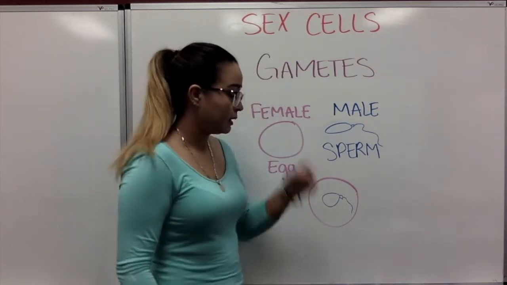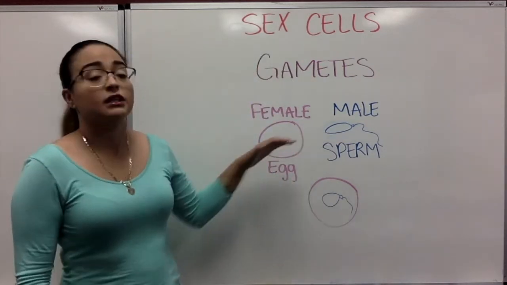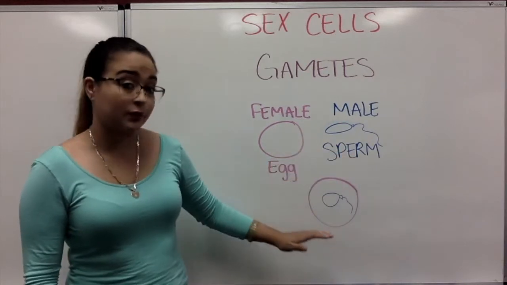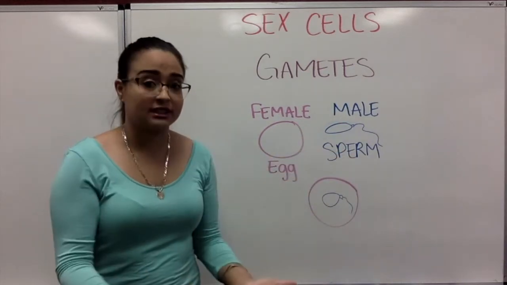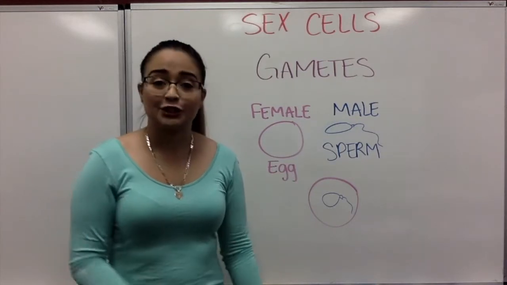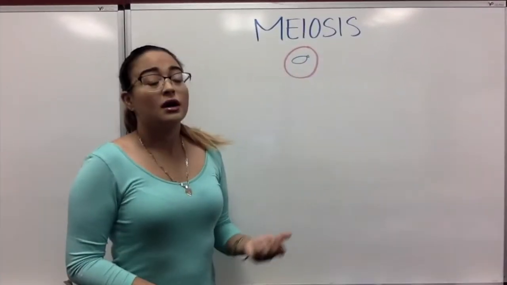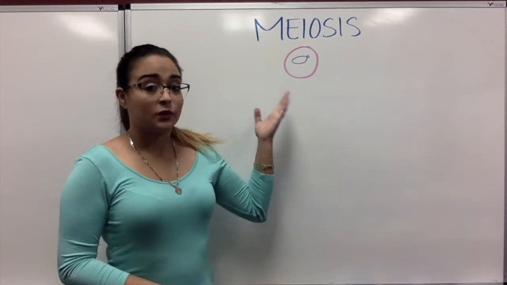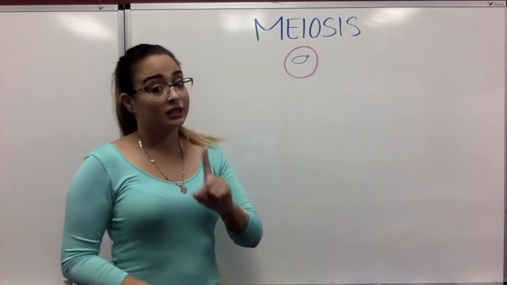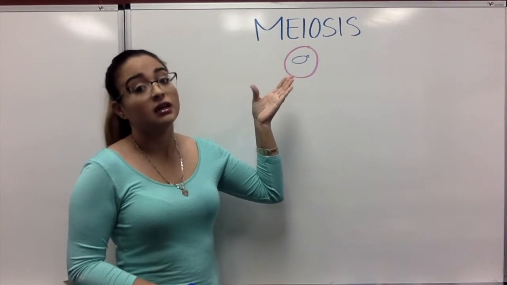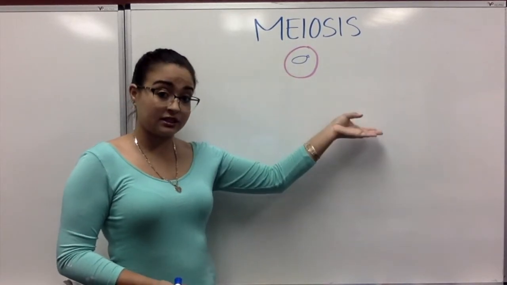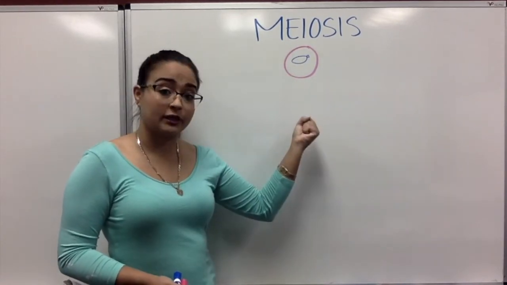Now, instead of having two cells, we are left with one cell. And that will lead us into what meiosis is. So, let's get to it. We start off with meiosis with one cell, which is the egg, the female sex cell, and the sperm, the male sex cell, combined into one.